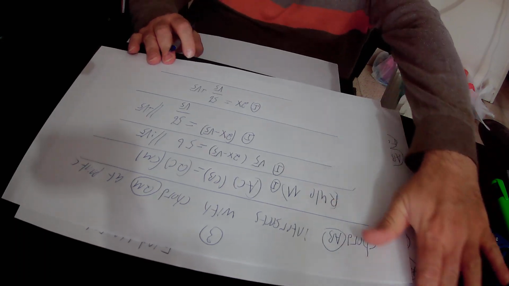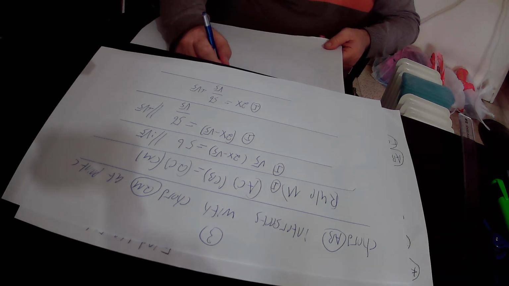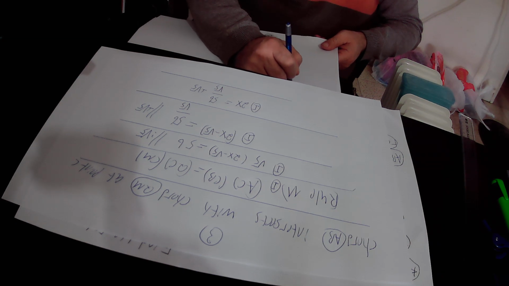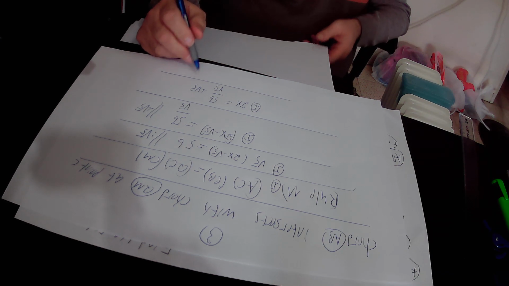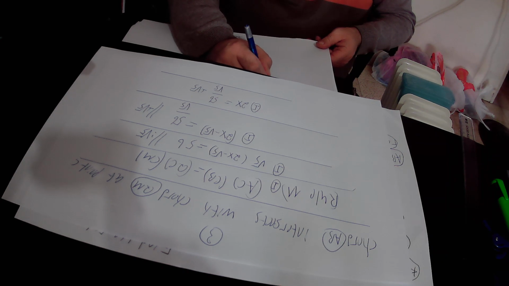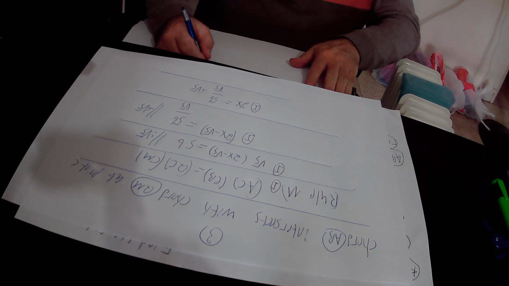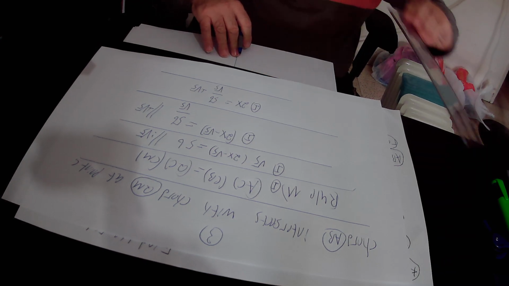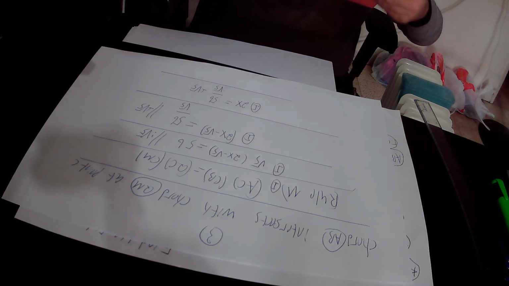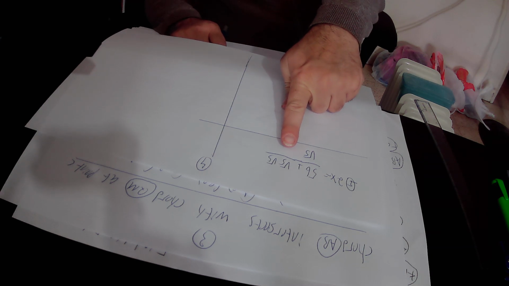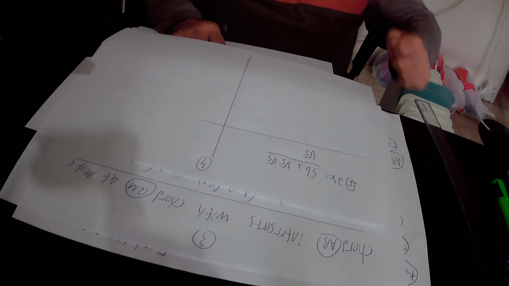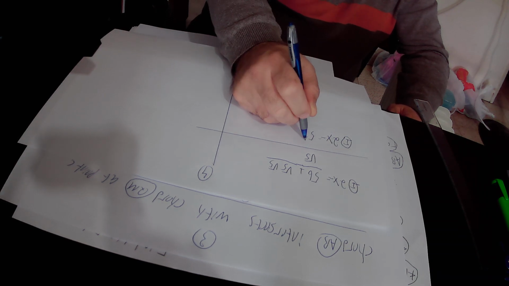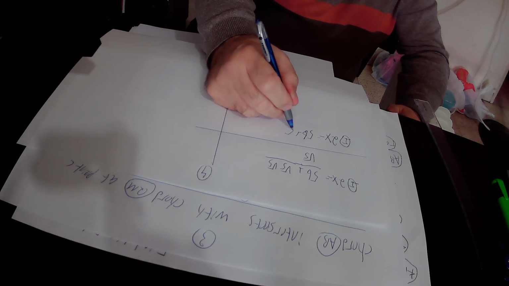So 2x equals 5b over square root of 5 plus square root of 5 times square root of 5 over square root of 5. We change nothing, therefore the operation is allowable. So in conclusion, 2x equals 5b plus 5 over square root of 5.